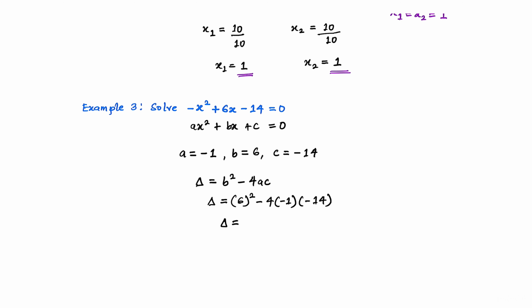So delta equals 6 square is 36 minus 4 times minus 1, that will give us 4, and 4 multiplied by minus 14, that will give us minus 56. So delta equals 36 minus 56, that is minus 20.